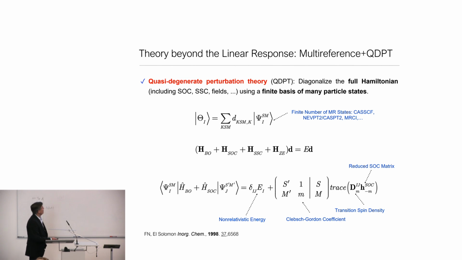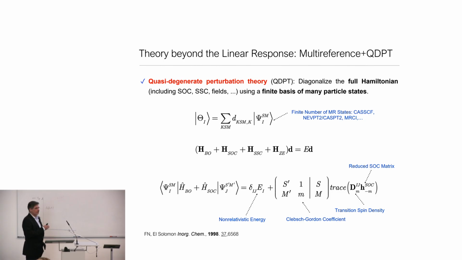And in this case, what you have to do is to treat all states on an equal footing. And the way that is being done is to really try to calculate approximate eigenfunctions of the Born-Oppenheimer Hamiltonian.